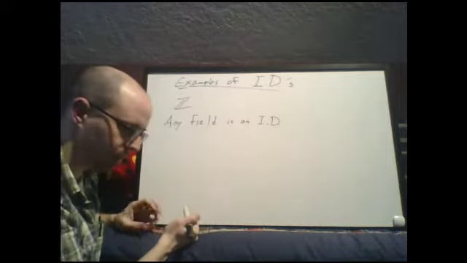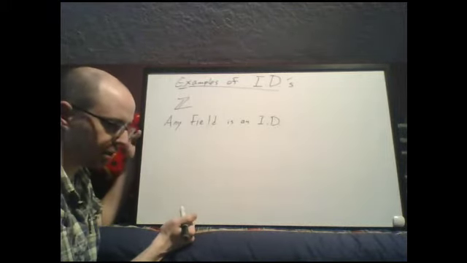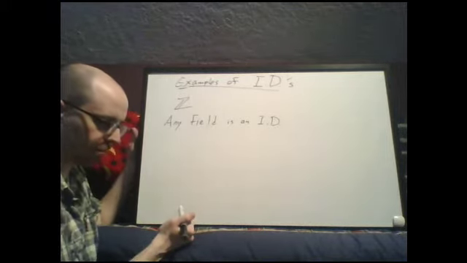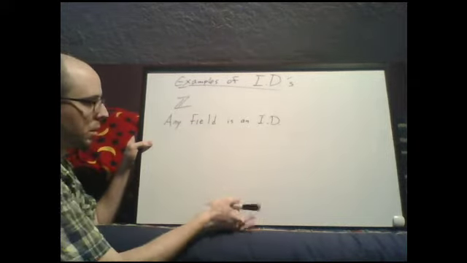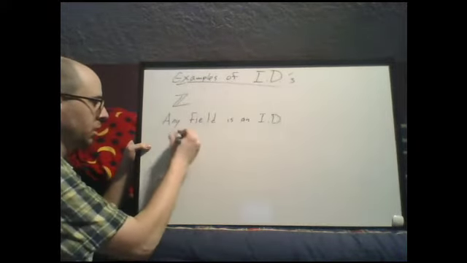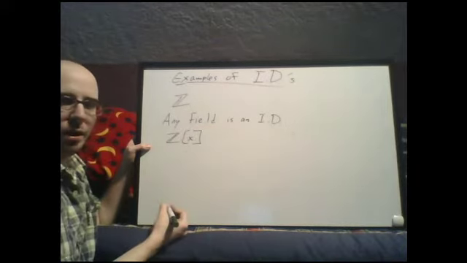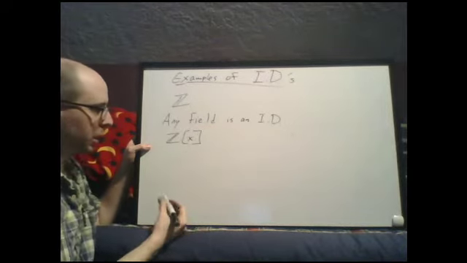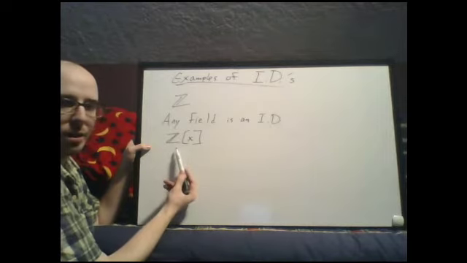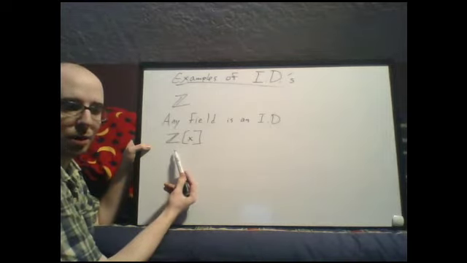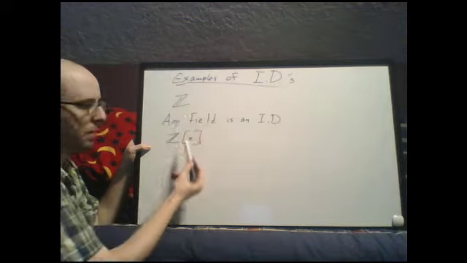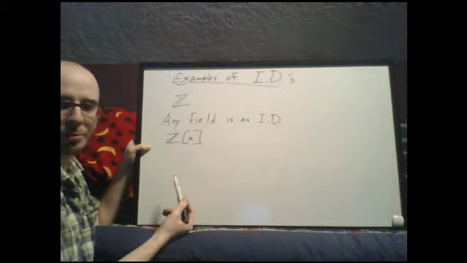All right. Polynomial rings. I'll prove this as well, but if I take a polynomial ring where the coefficients are already an integral domain, then the polynomial ring will also be an integral domain.